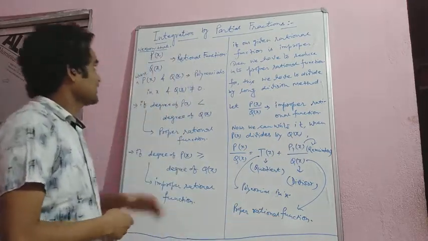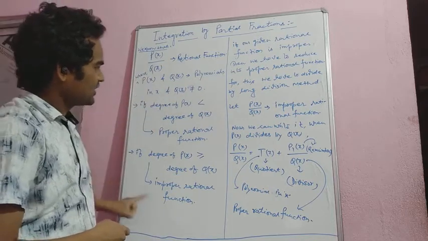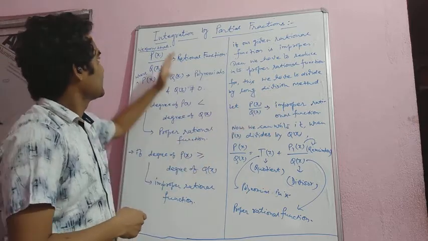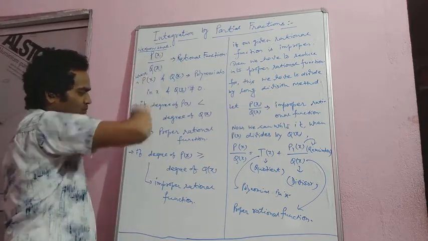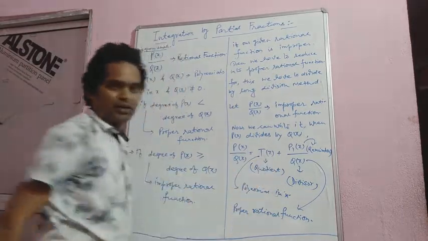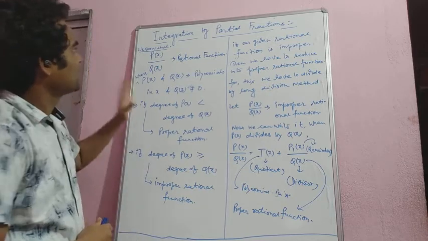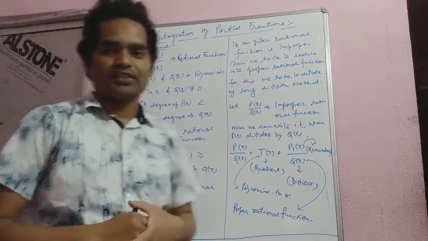So students, this is the process to reduce an improper rational function into a proper rational function, and this is the method to integrate by partial fractions.